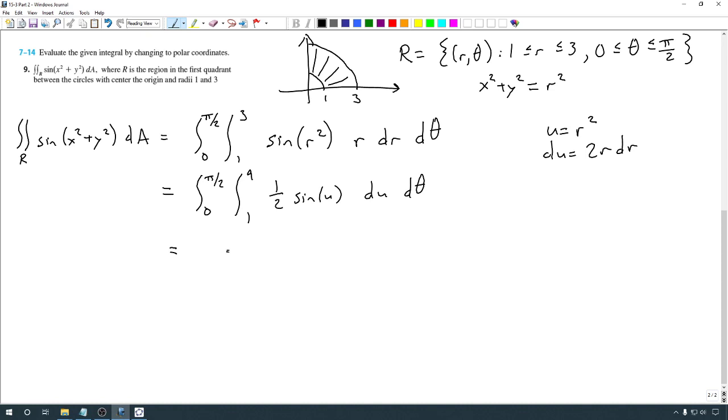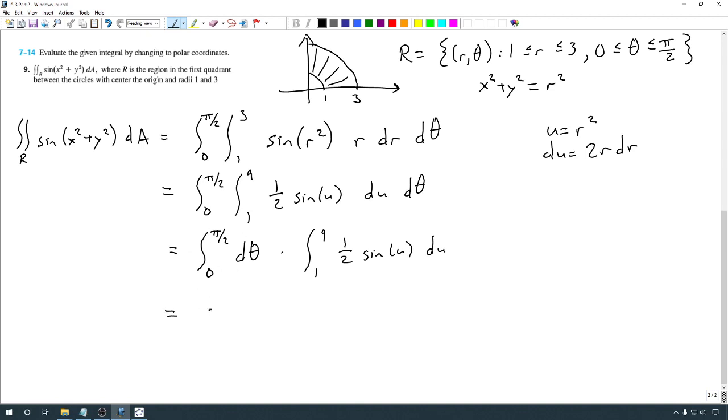I guess one thing I didn't mention before, and probably should have done right away: since there's no theta in our integrand, the d theta here, we could actually split this up. We could split this up as the integral from 0 to pi over 2 d theta times the integral from 1 to 9 of 1/2 sine u du.